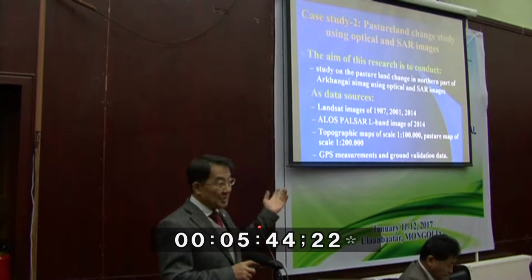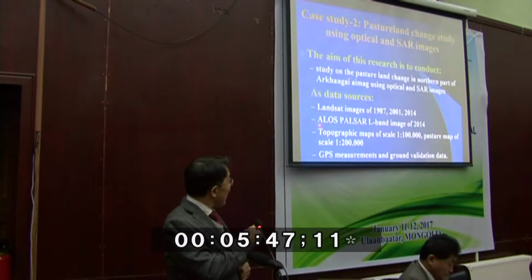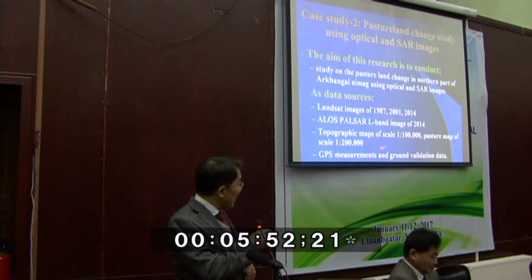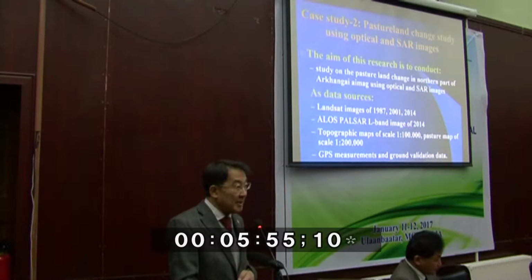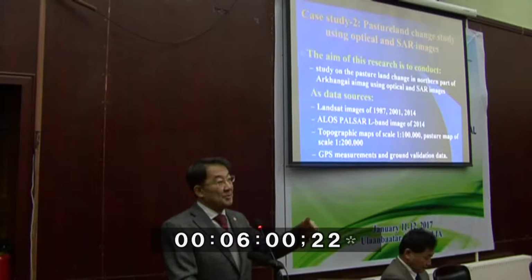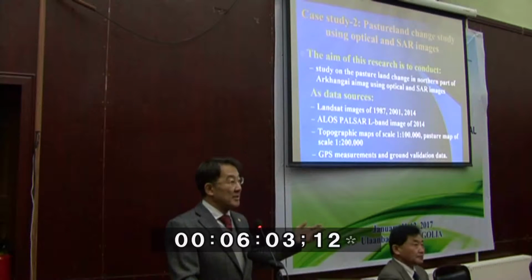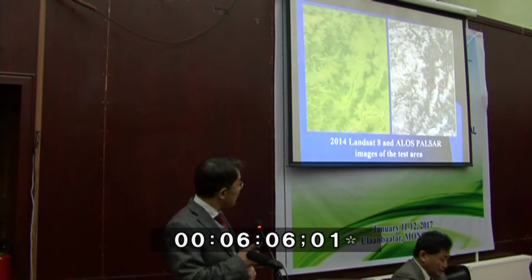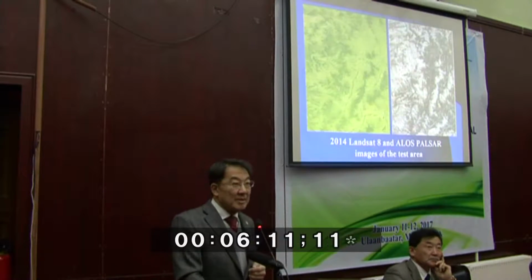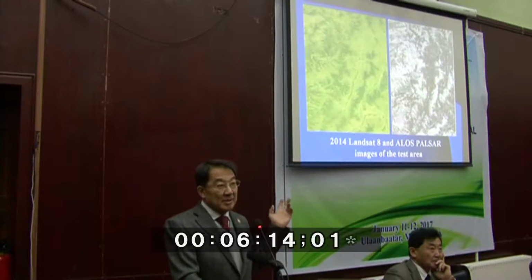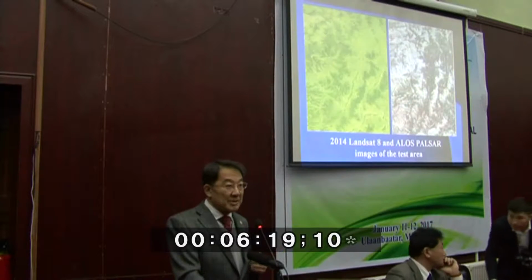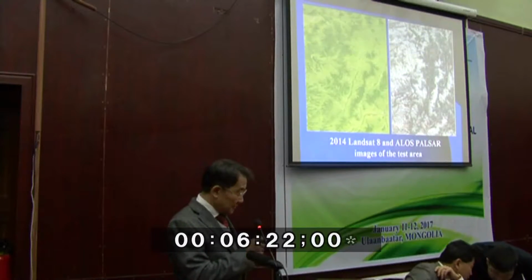We had optical data sets, SAR data sets, topographic and thematic maps of varying scales, and GPS measurements were used for the location of the herders during winter and summer camps. To demonstrate some of the data sets, I have shown here Landsat and PALSAR images obtained in 2014.